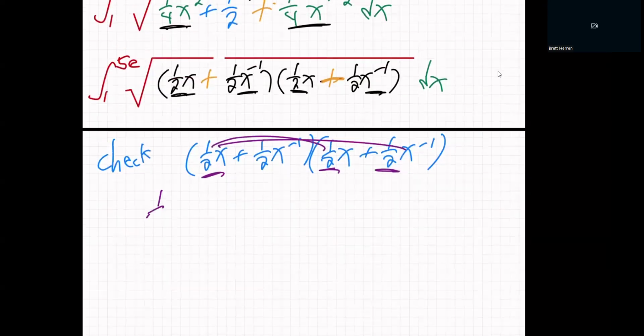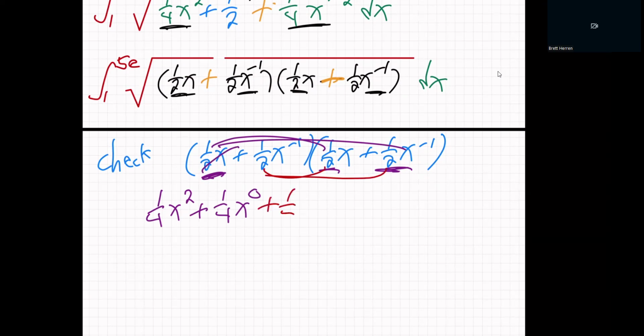So that'd be a fourth x squared, right? Out front numbers multiply, powers add. And a half x times a half, that'd be a fourth x to the zero because the powers add. He's done. Now this guy's going to go to both. That'd be a fourth, half times a half. Got to watch your signs. x to the zero because minus one plus one. And then this is a fourth x to the minus 2.